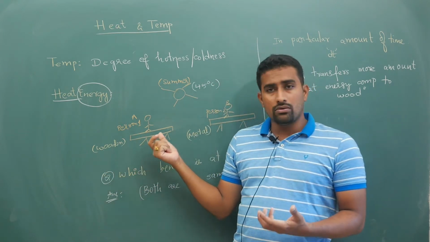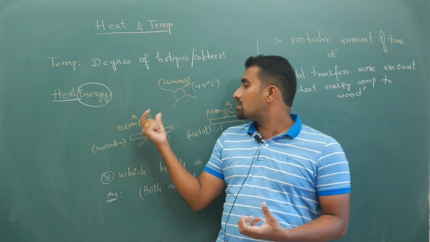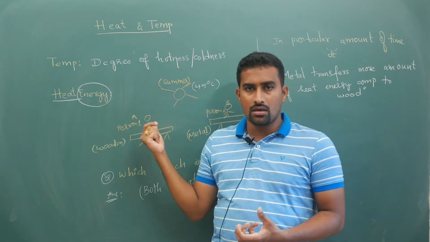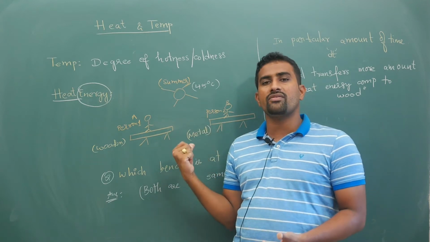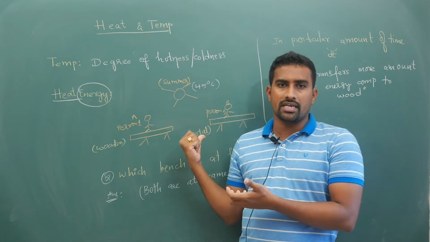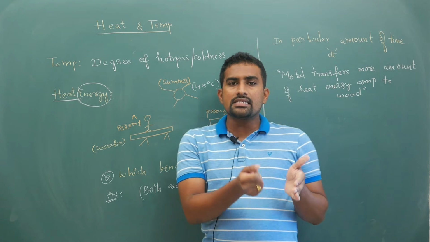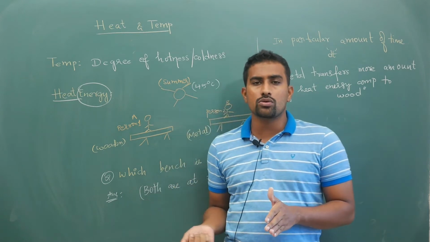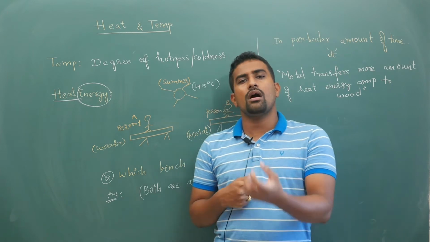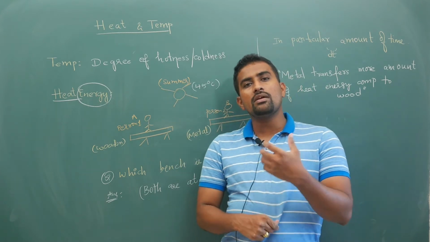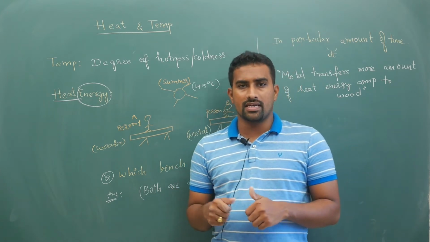Because this wooden bench is around 45, it transfers heat energy. This metal bench is also at 45, it will also transfer heat energy. This heat energy will flow from hot body to cold body. The hot body will give heat energy and the cold body will take heat energy.